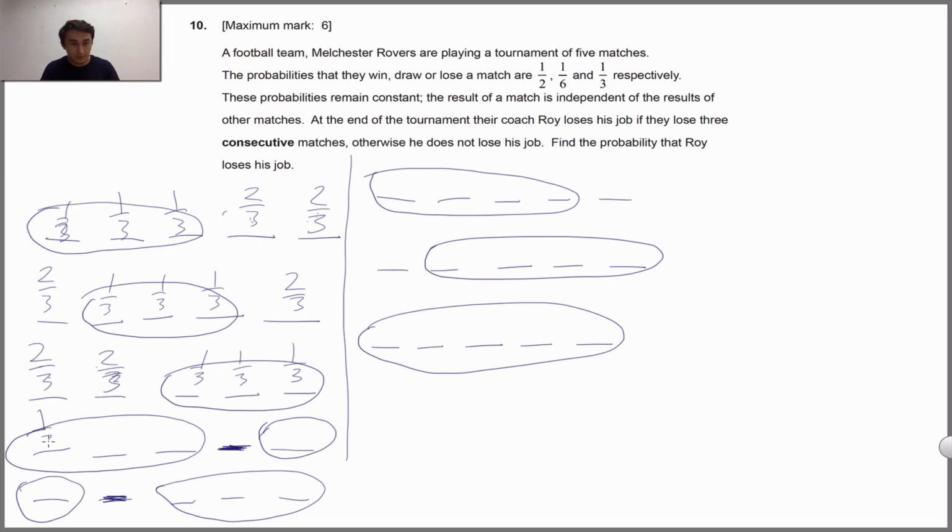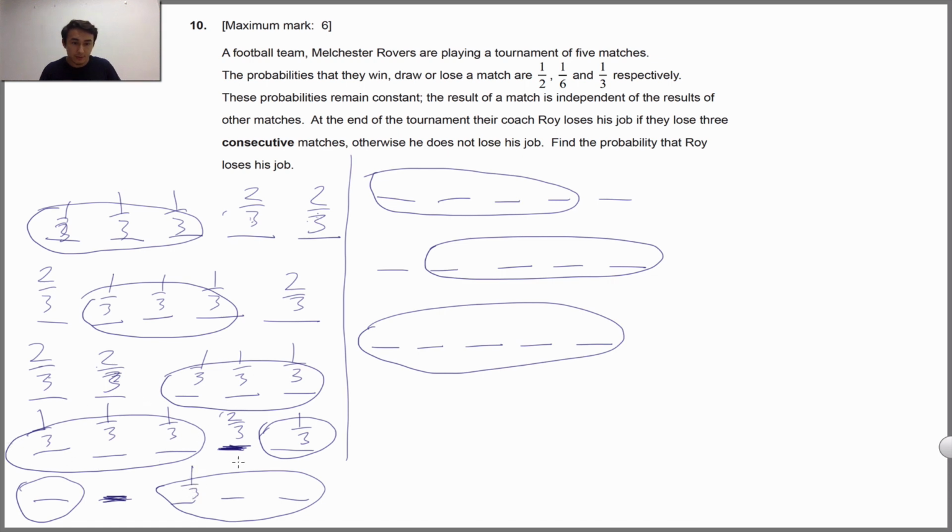And this one is 1/3, 1/3, 1/3, 2/3, not lost, and this one is lost, 1/3. You see, 3 games straight lost, 3 games straight, 3 games straight. That's why we regard this one as a not lost game. Otherwise it would be 4 games straight. We just look at 3 games straight.